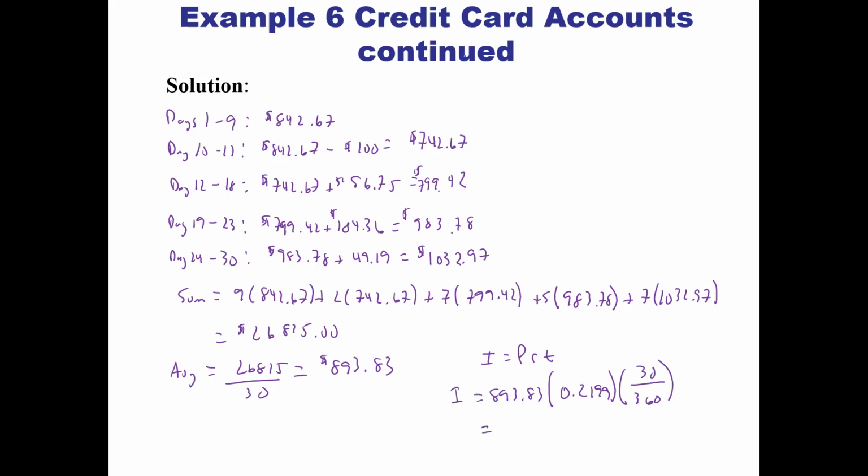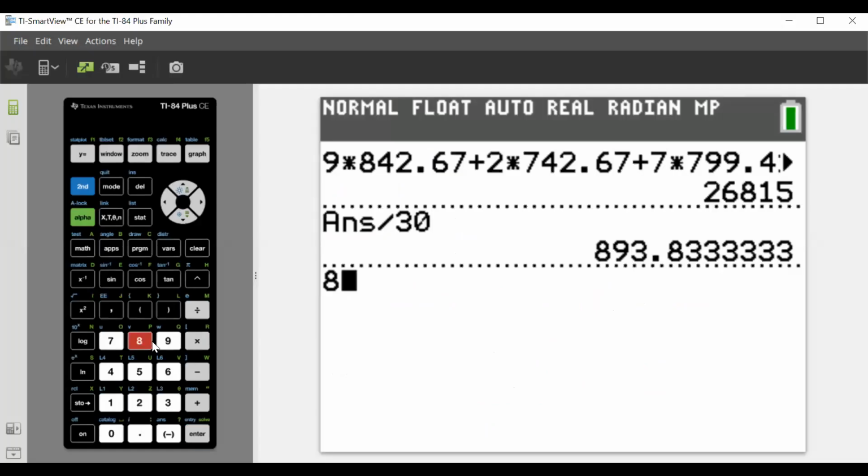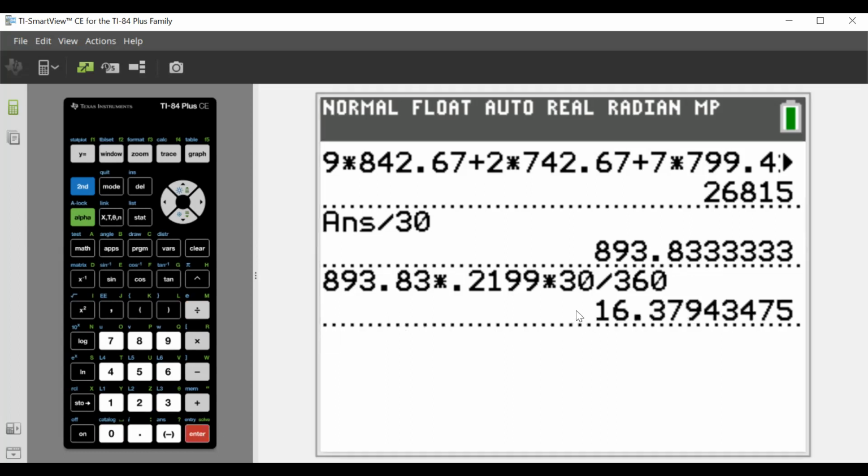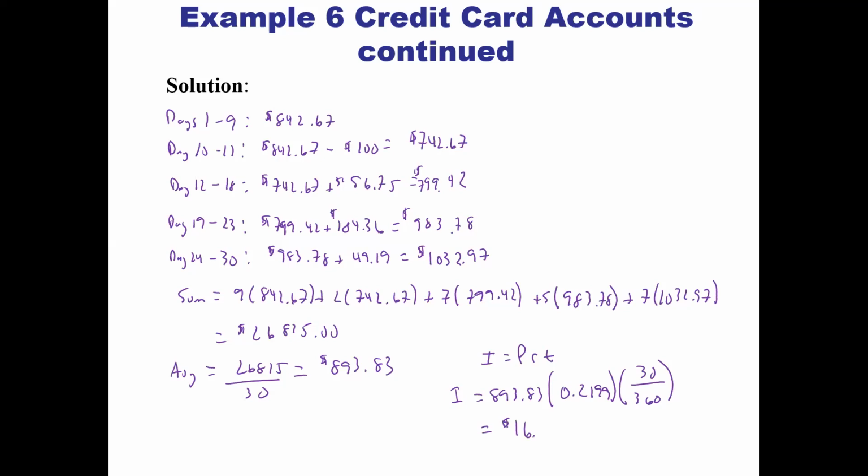If we multiply all that together, 893.83 times 0.2199 times 30 divided by 360, we get $16.38 in interest.